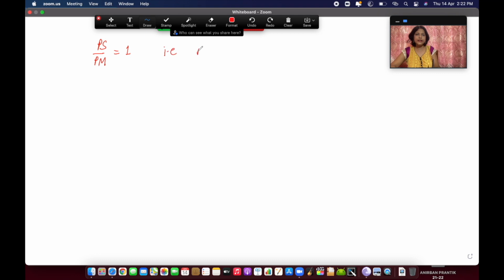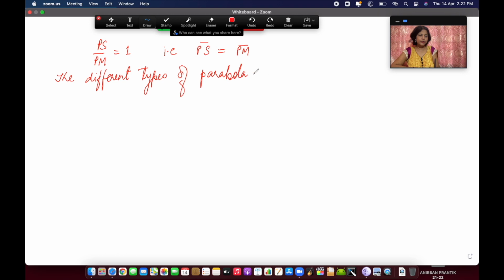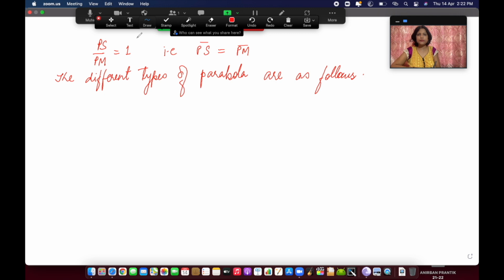That is, the length between P and S is equal to the length of the fixed straight line from the point P. So now the different types of parabola are as follows. So let me draw the diagrams and explain each of the different types of parabola here.